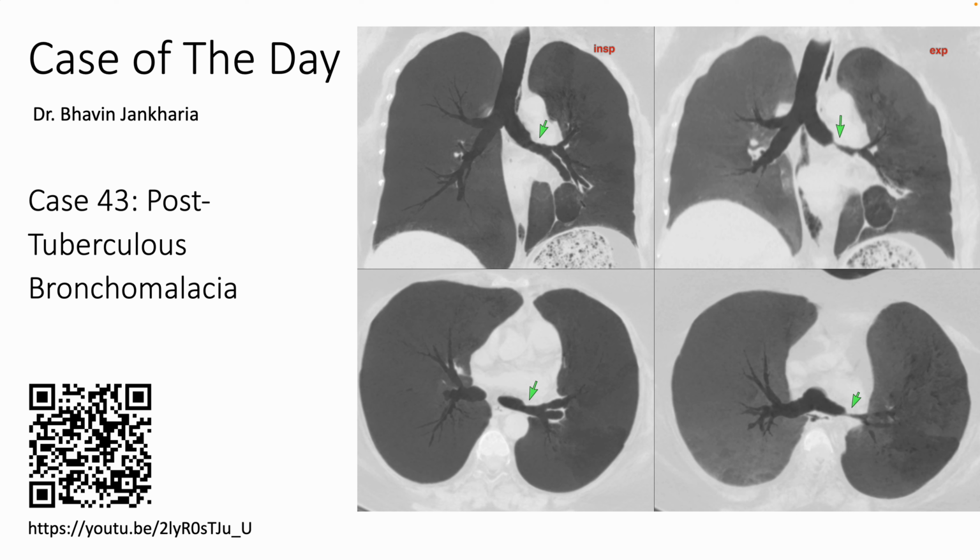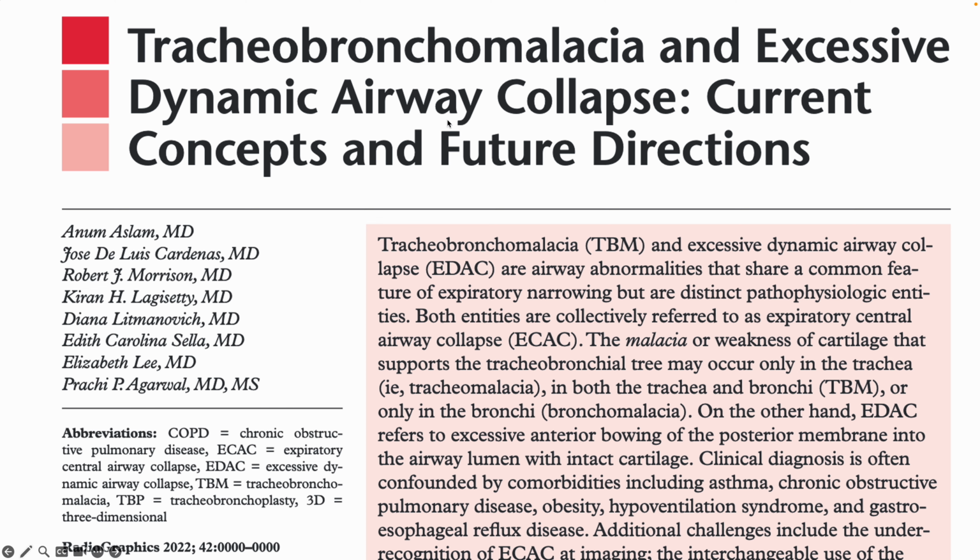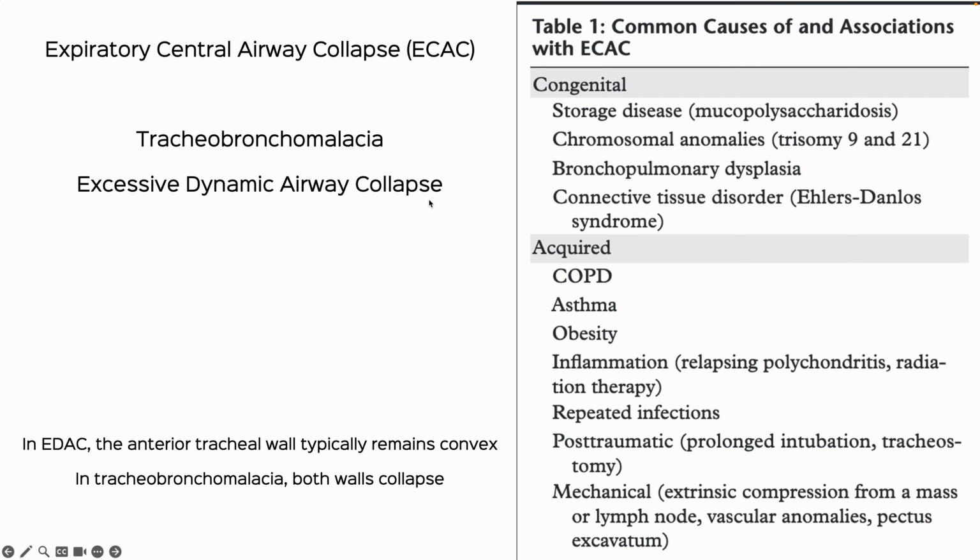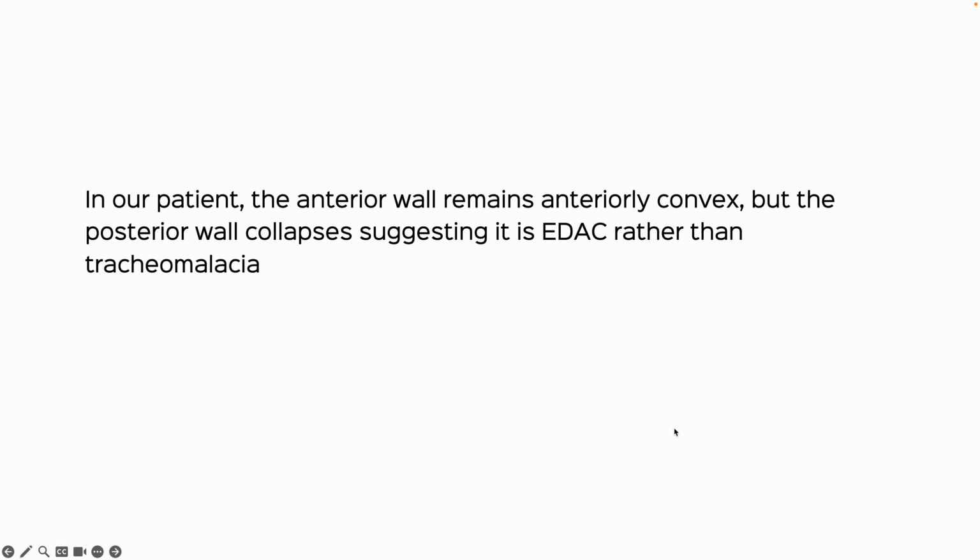Now, I did a post on post-tuberculous bronchomalacia about 2 or 3 weeks ago. And at that time, I referenced this article, which is really the main article in RadioGraphics that explains all of these concepts, where basically we have the broad category called expiratory central airway collapse, which has two subtypes: tracheobronchomalacia, where both walls collapse, and excessive dynamic airway collapse, where the anterior wall remains convex, and these are all these conditions that cause it.